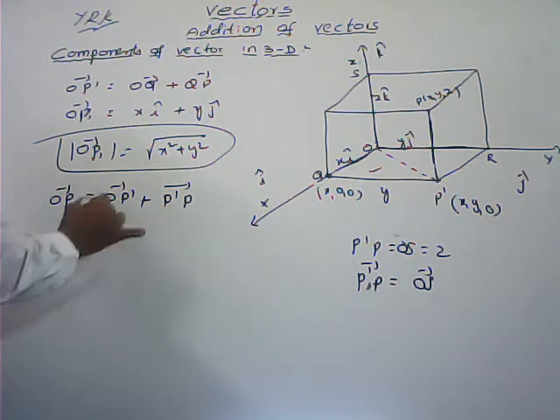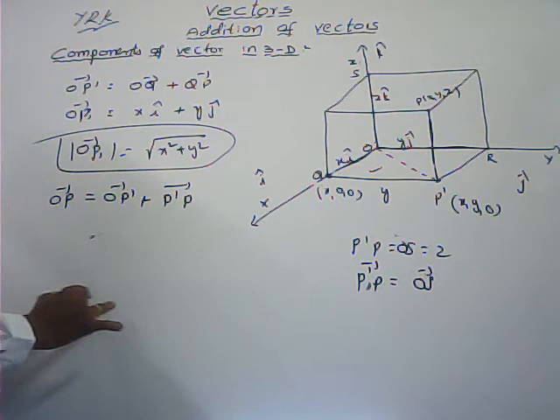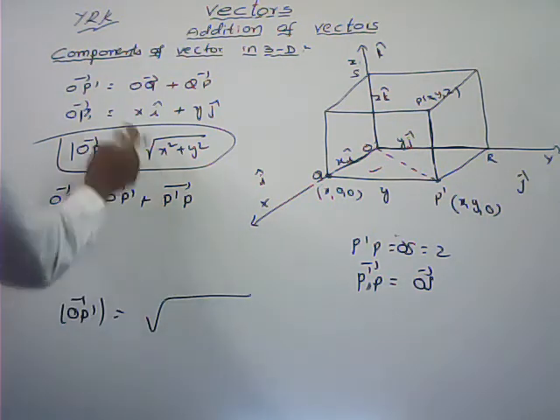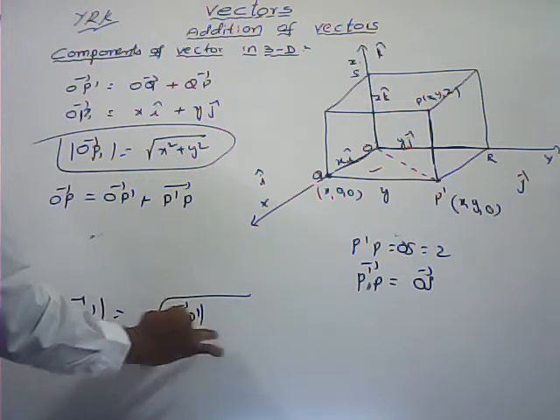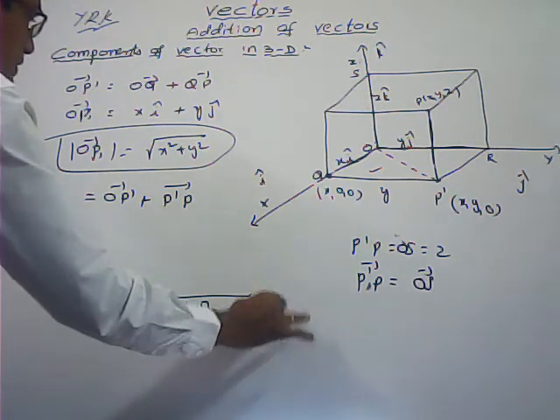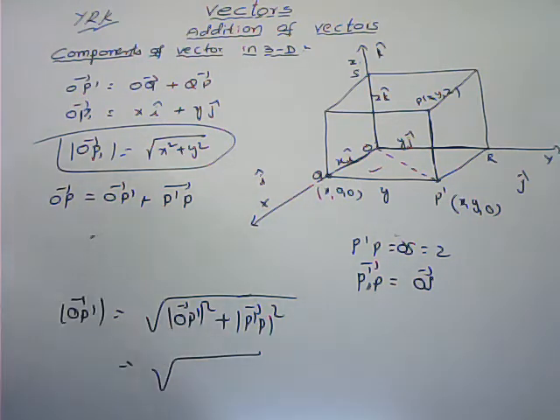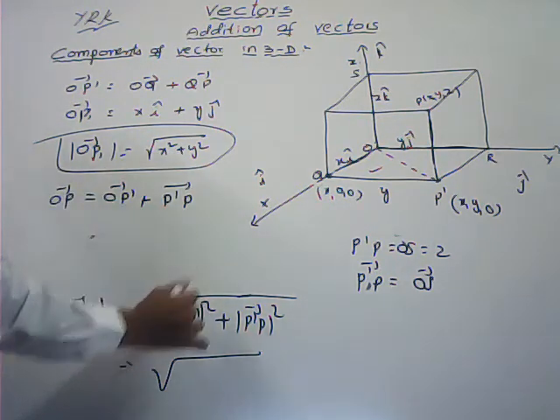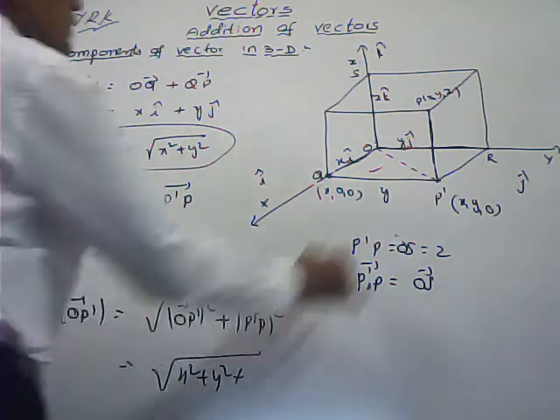So here, what is the modulus of this one? Modulus of OP bar is equal to root of, whatever we have done, the same thing we can apply here: OP dash bar square plus modulus of P dash P bar square. That is equal to x square plus y square, the root and square cancel, plus what is the length of these two?